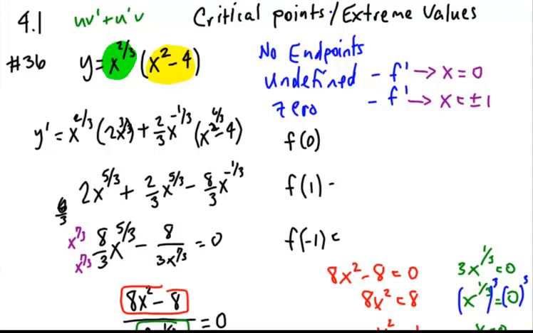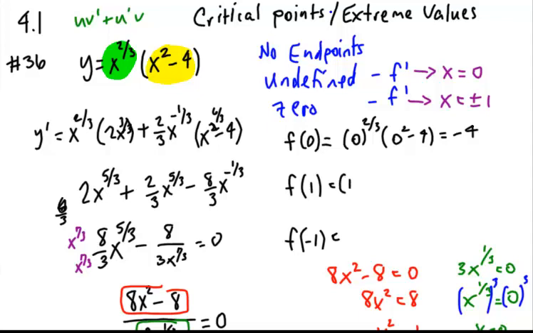And this will give us what our extreme values are, where our maximums and minimums are located. Okay? So what have we got? We've got 0 to the 2/3 times 0 squared minus 4. So this guy is going to be negative 4.